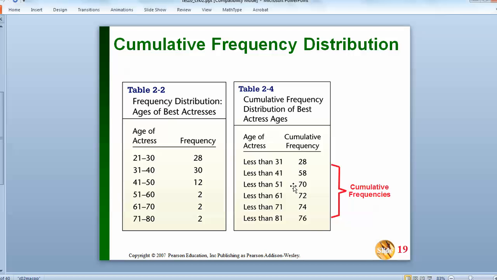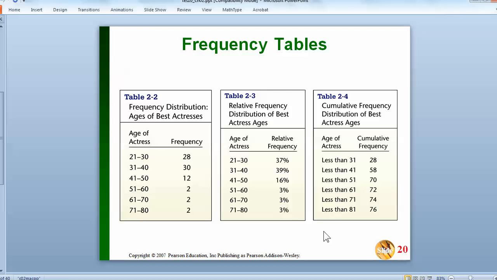And so the last interval would be the less than 81, which was all of our data, and there were 76 actresses that were aged less than 81. So those are the different frequency distributions: the regular frequency distribution, the relative, and the cumulative.